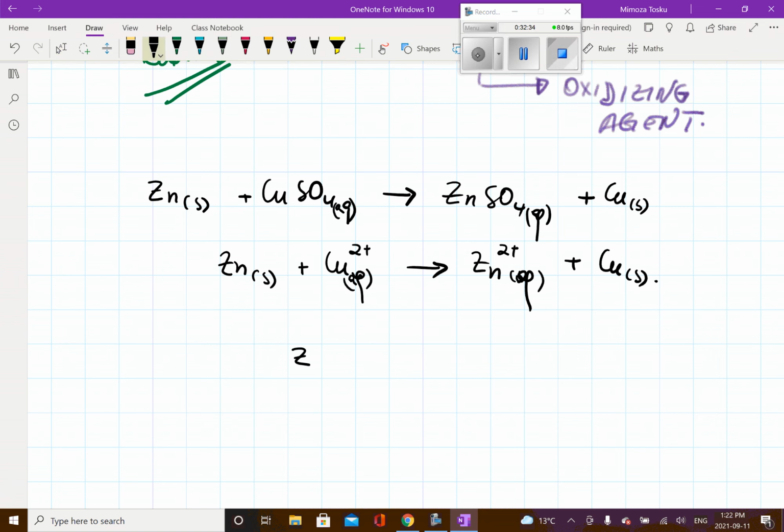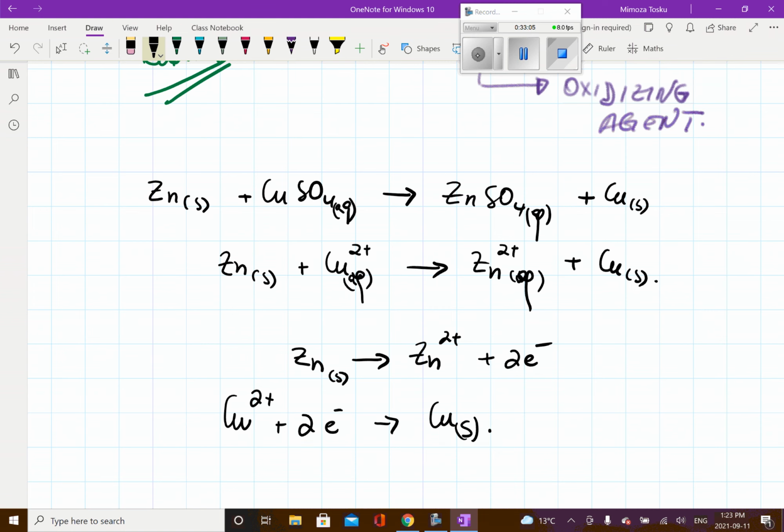So the oxidation and the reduction half reactions are as follows. Zinc solid is giving 2 electrons, becoming zinc 2+, and copper 2+ is receiving those 2 electrons to become copper metal.